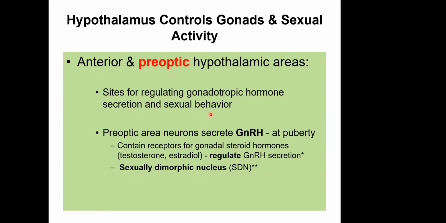So at puberty, scientists have found that somehow, and again, it's not known exactly how, some signal from somewhere comes to this preoptic area, the neurons in it, and they suddenly start to increase secretion of GnRH, gonadotropin releasing hormone, which then stimulates the release of sex hormones from the anterior pituitary, as you know.